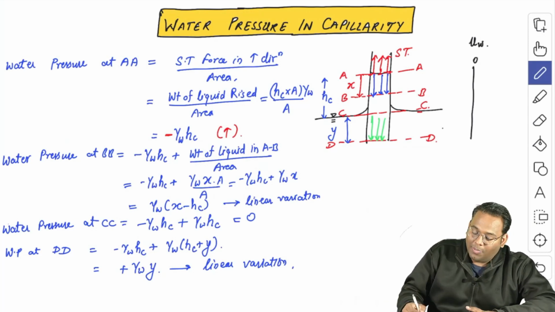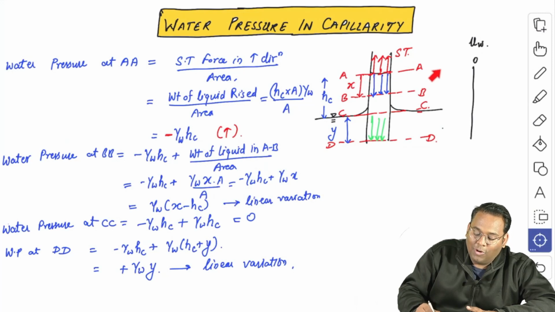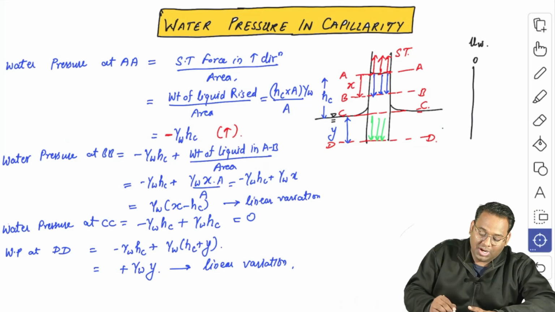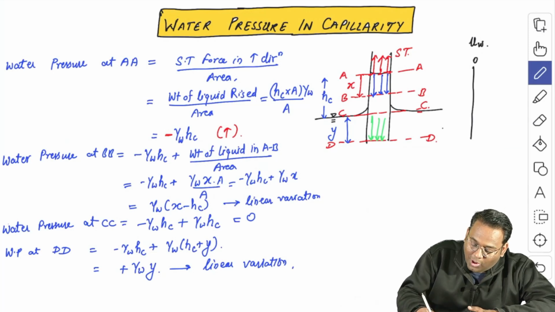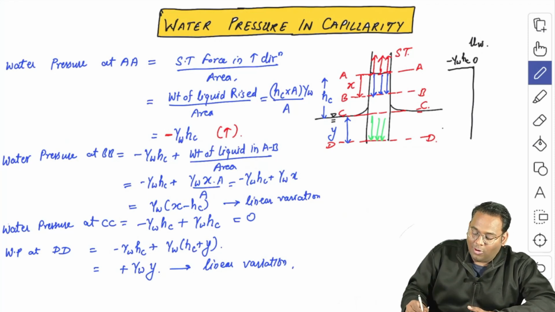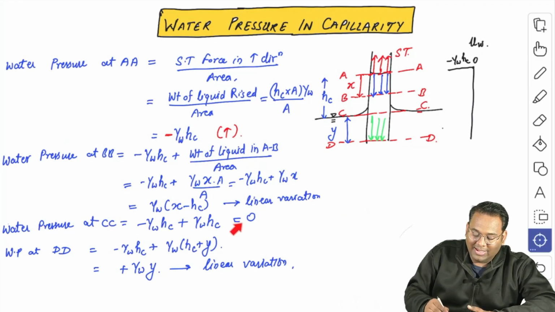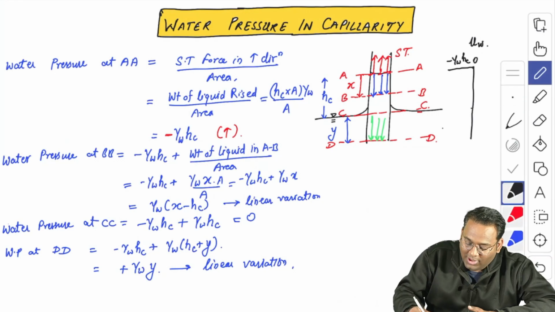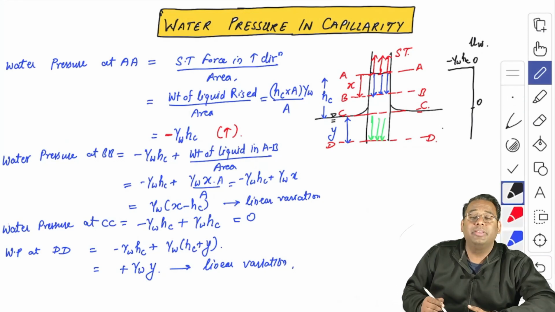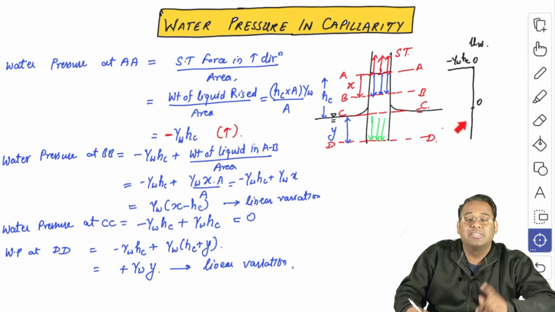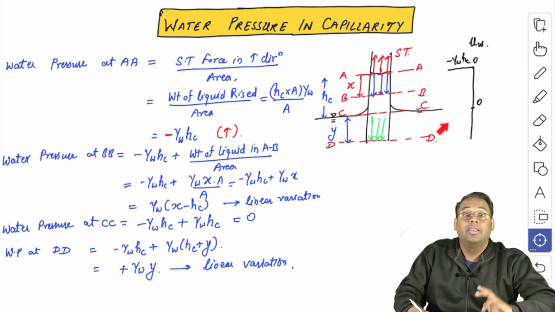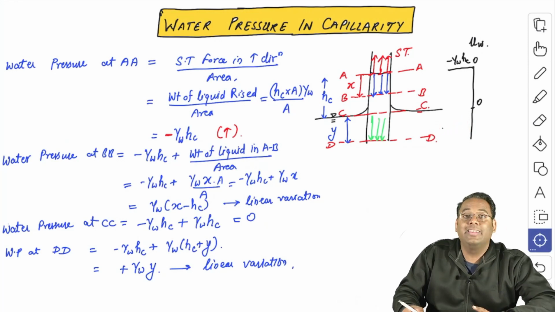At the top, that is at the level AA, the water pressure is negative gamma_w h_c, so I am plotting that value as negative gamma_w h_c. At the level CC the value will be 0. Below this normal water level, the water pressure is positive and increasing linearly.